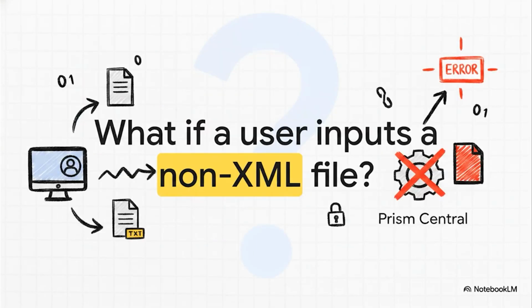Let's try out another realistic exam scenario to really lock this in. Imagine a question that asks something like this. A junior administrator is using the custom script method to create a new profile in Prism Central. They attempt to upload a standard text file, or maybe a JSON file, containing their script. What happens next? Take a second to really formulate your answer. Did you get it?